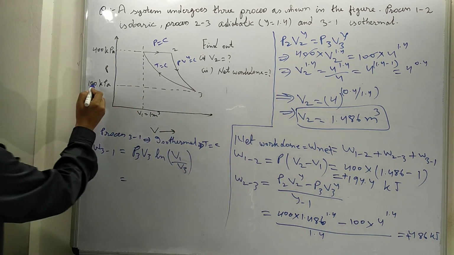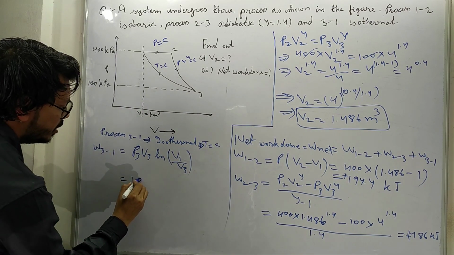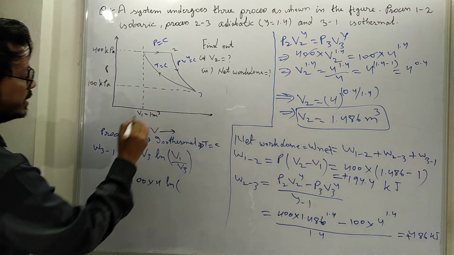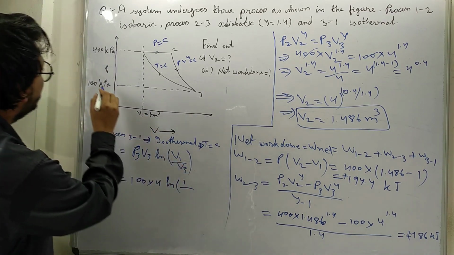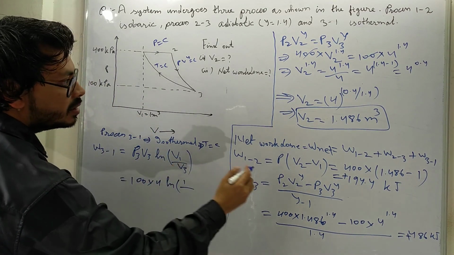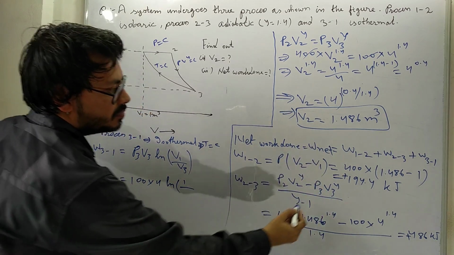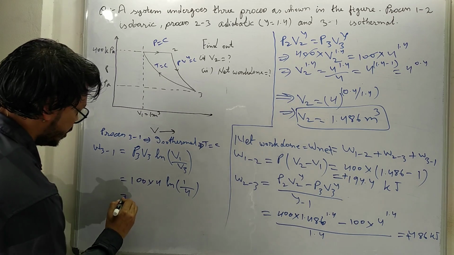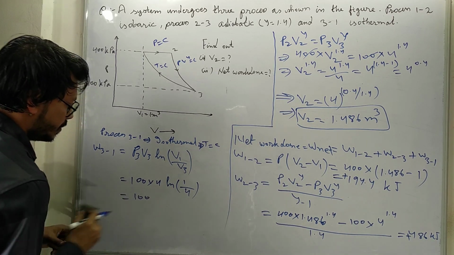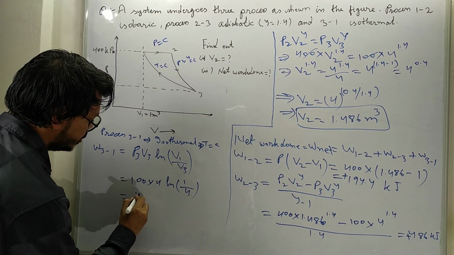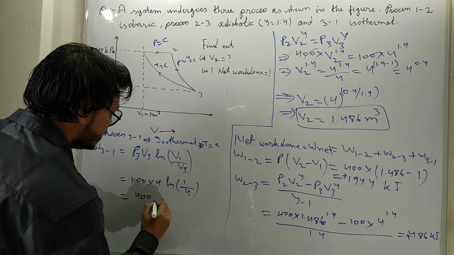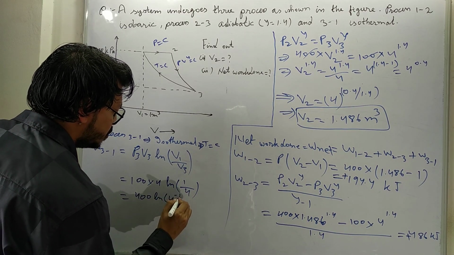This is P3, so we have the value of 100 kilopascal, 100 into V3, which was 4, ln V1 by V3, it is 1 by 4. So 100 into 4 is 400 ln 1 by 4.